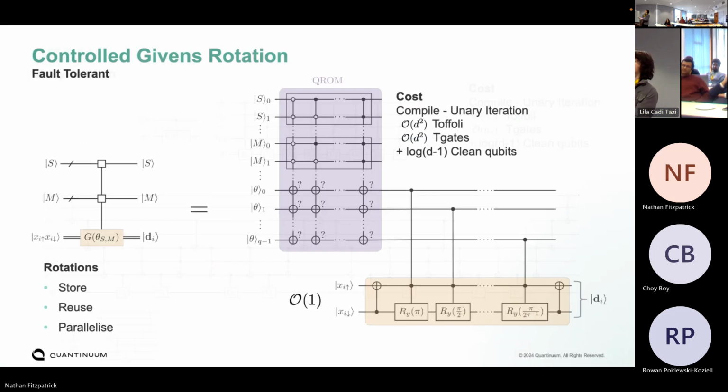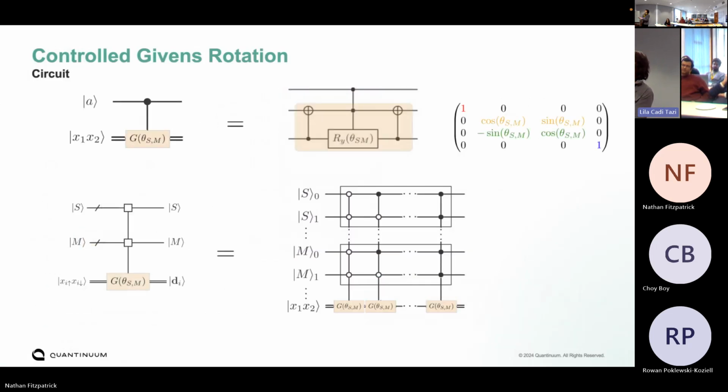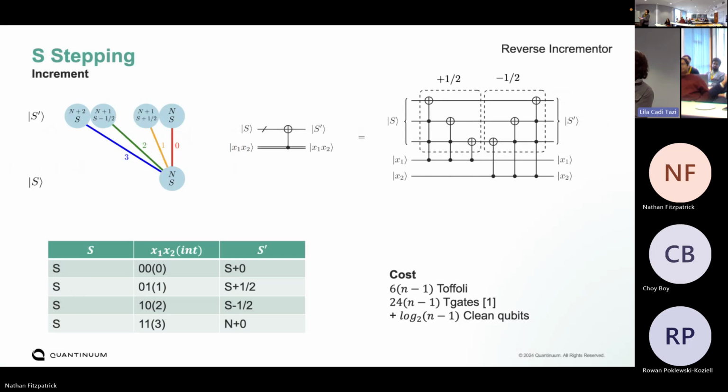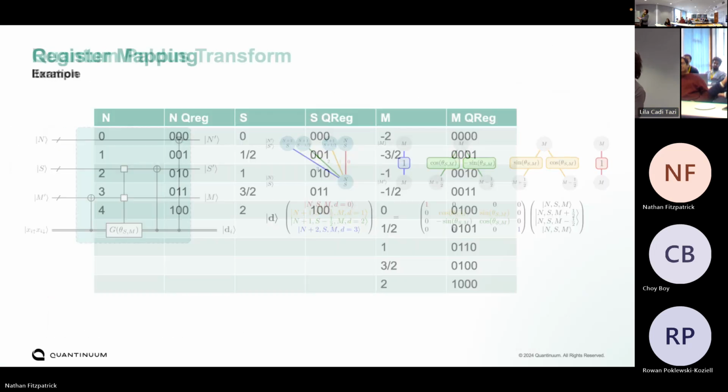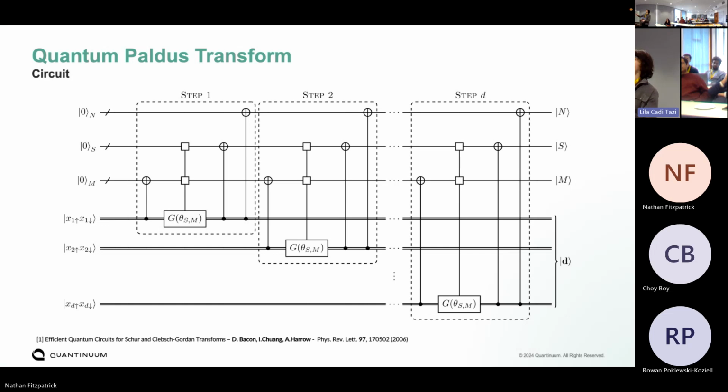So if we go back to the transform, you basically end up indexing. So this is your state register. What the outcome of this transform allows you to do is index on total particle number, total spin, and spin projection.